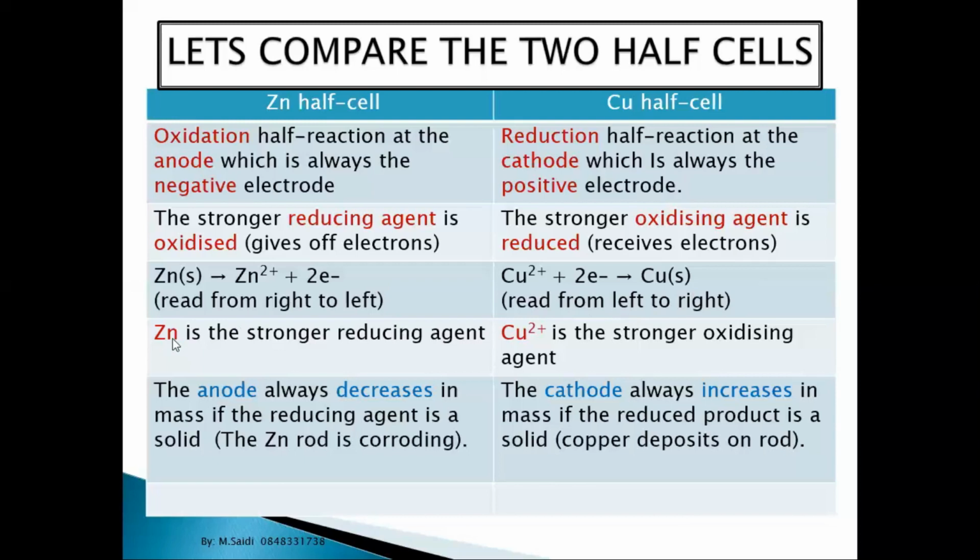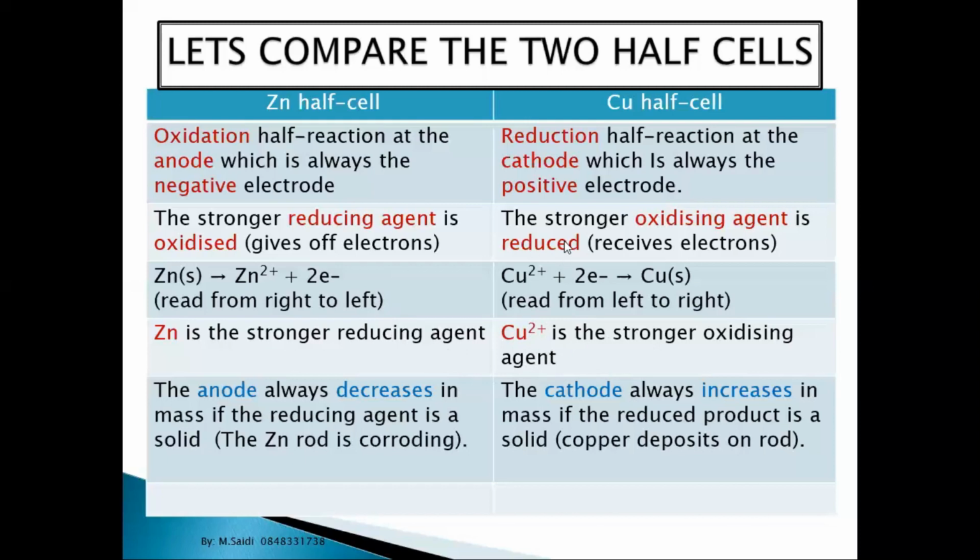All right. We are saying that zinc is the stronger reducing agent, while copper 2 is a stronger oxidizing agent. I've explained this. How is this a strong oxidizing agent? Because it causes zinc to be oxidized. Then it becomes an agent for oxidizing.